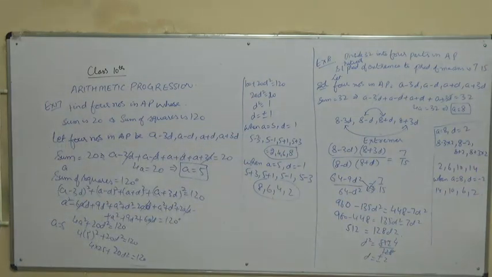So what we have done is that we have divided 32 into 4 parts, which means when we take the sum of those parts, it will be equal to 32. So we assumed the numbers in AP as a minus 3d, a minus d, a plus d and a plus 3d. We are given the sum is 32.